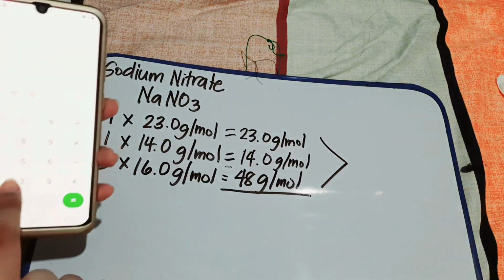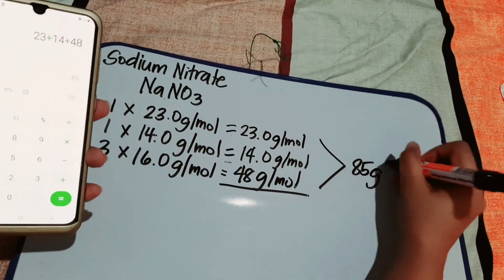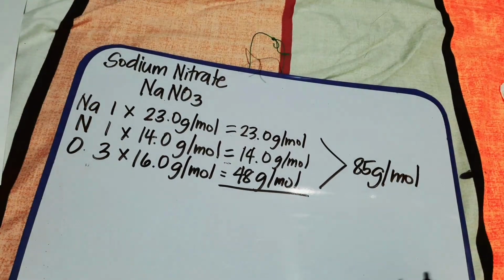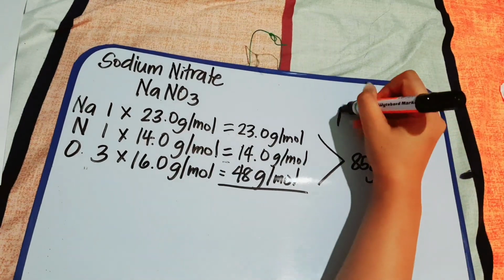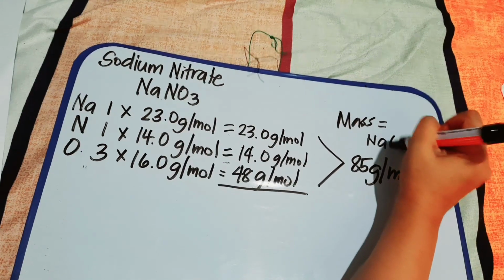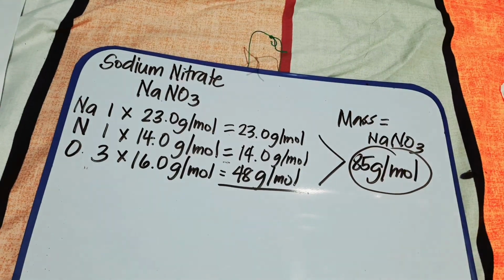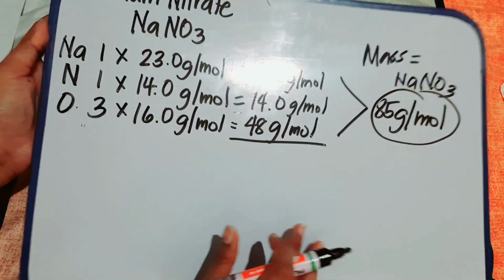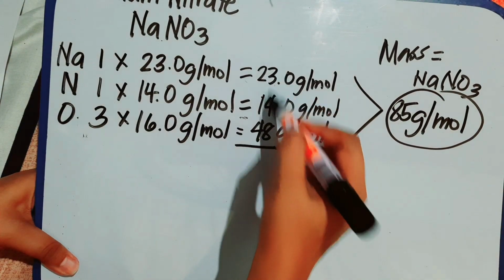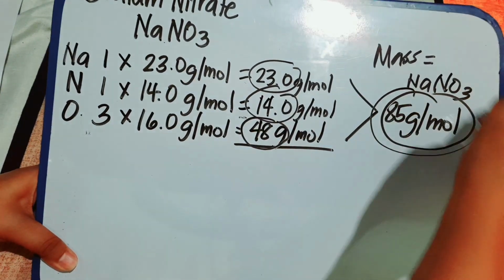So we have 85 gram per mole. So, ibig sabihin, yung mass ng ating compound na sodium nitrate ay meron tayong 85 gram per mole. Tandaan na kailangan natin to.